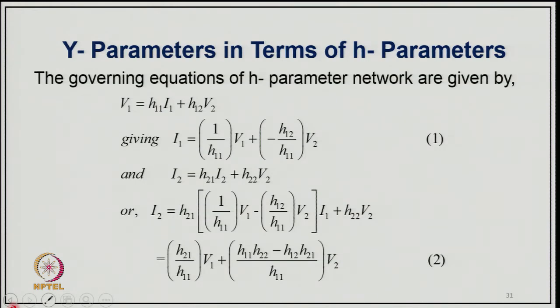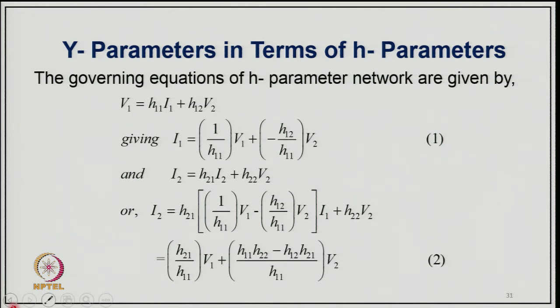Now, y parameters in terms of h parameters. The governing equations for the h parameter network are V1 = H11 I1 + H12 V2, from which we can find I1 = 1/H11 V1 - H12/H11 V2. Similarly, I2 = H21 I1 + H22 V2, from which we can substitute the value of I1 in terms of V1 and V2.